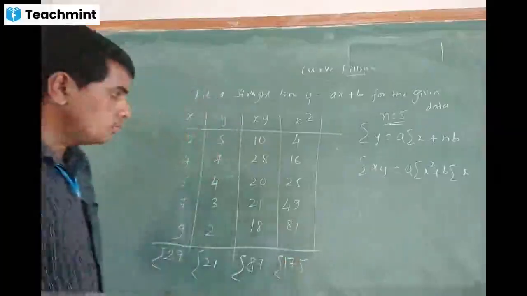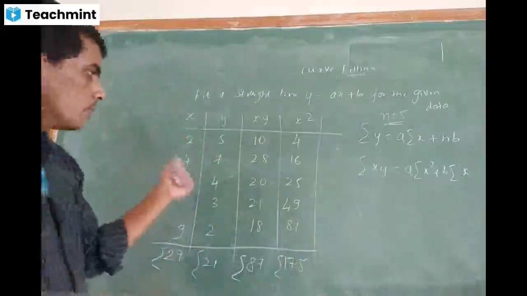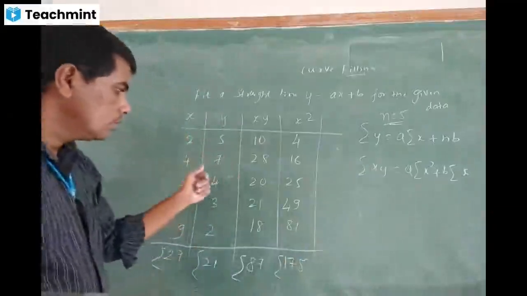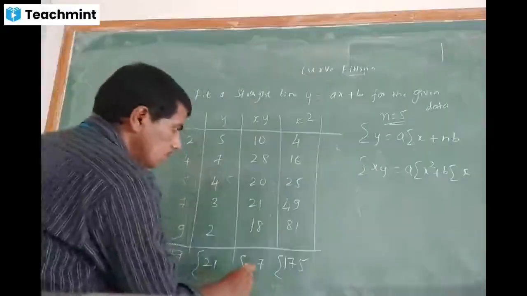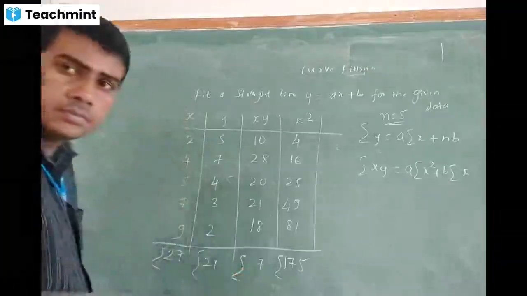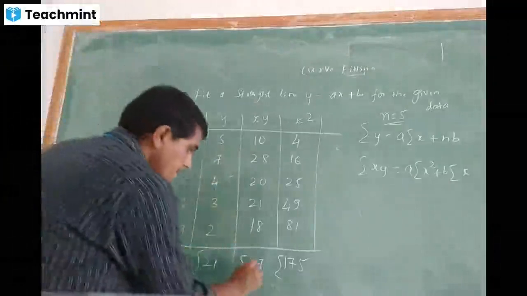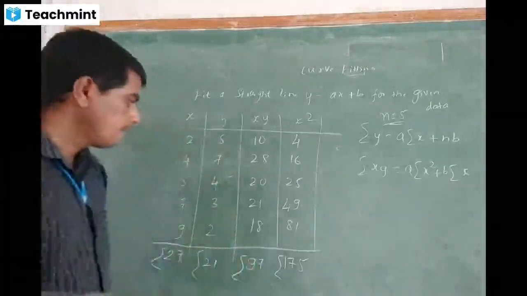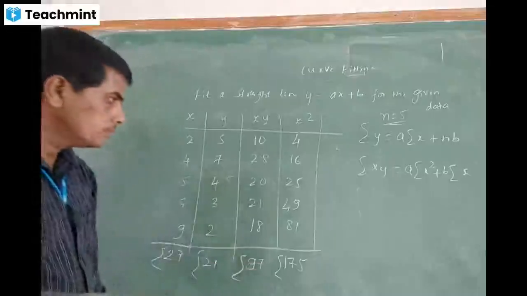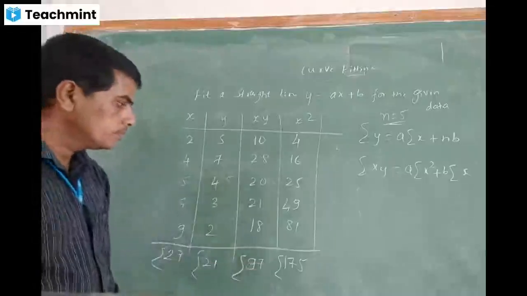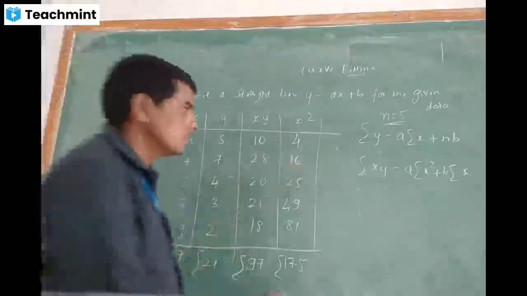Please check this one: summation xy, summation x square, 175. So now substitute and find out.